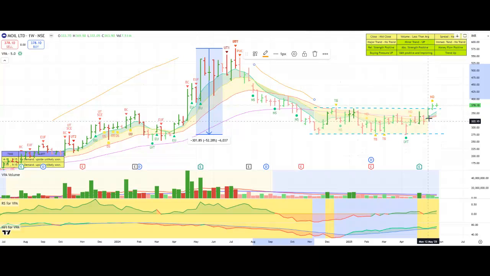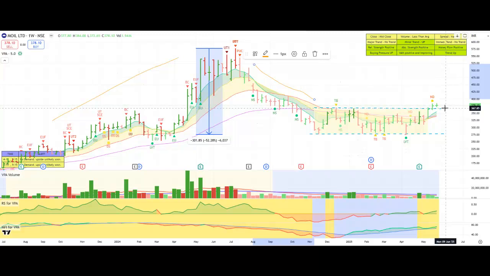Now the stock seems to be attempting to move out of the accumulation zone, or trying to enter into stage 2 or the markup phase.